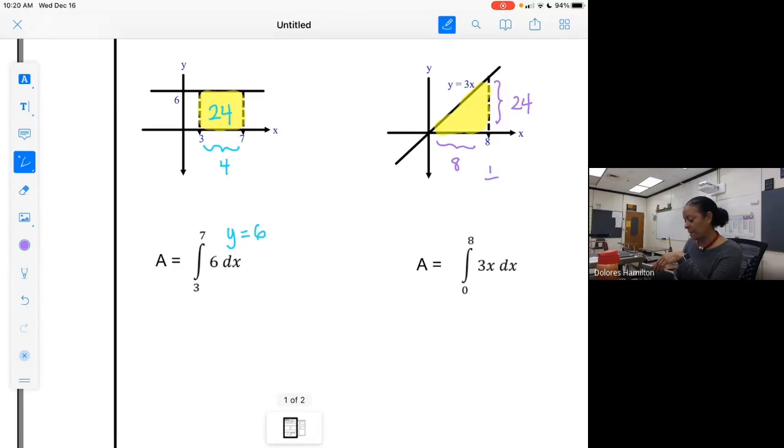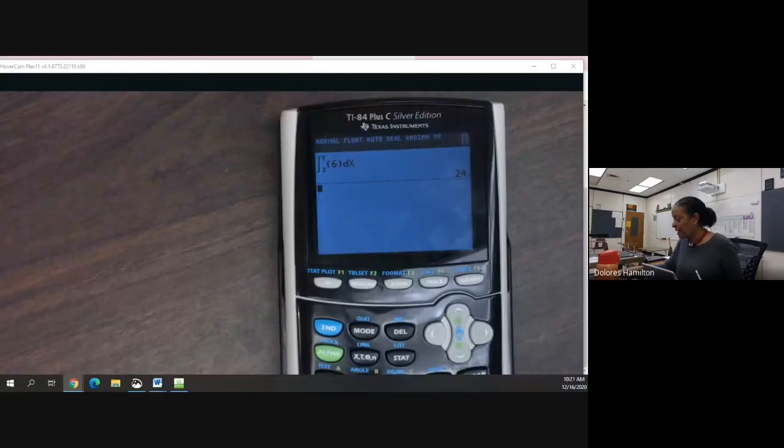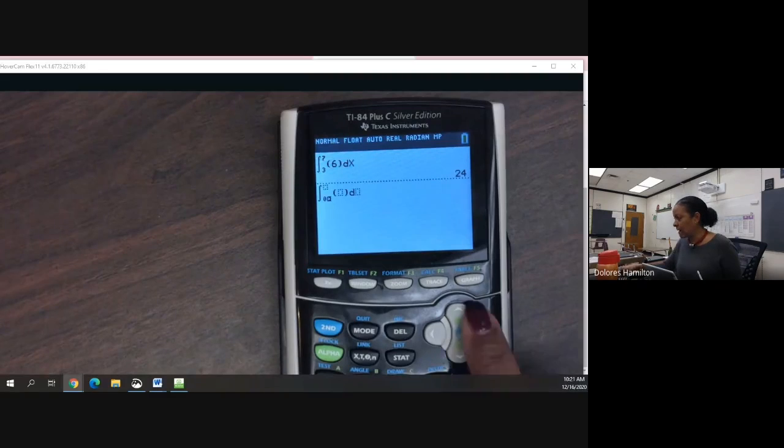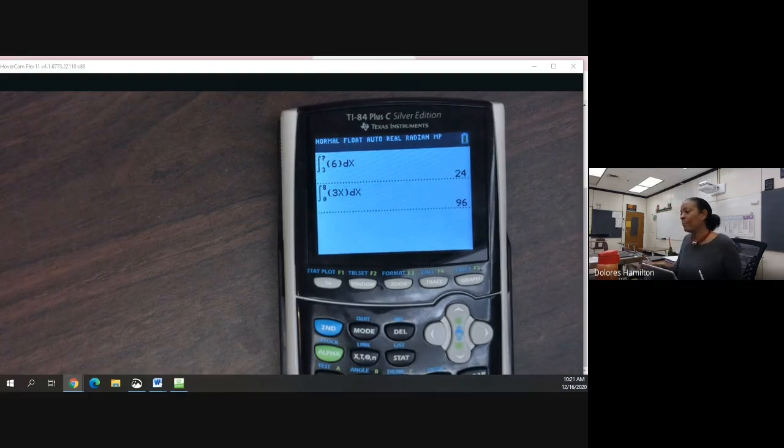And so if I take 1/2 the product of the two legs, because it's a right triangle, that gives me 96. Again, if we go to Math 9 and type in 0 to 8, type in that function, it's going to tell us that that value is 96.